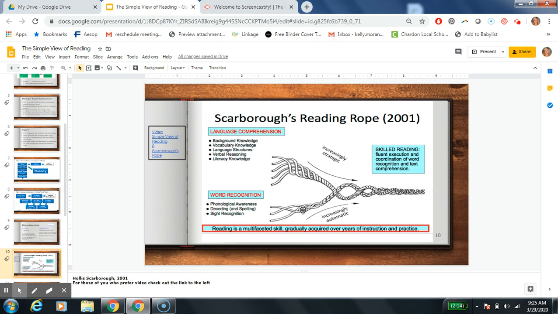And when they start to weave together and interlace together in readers' minds, that's how the two come together into this tightly knit rope with the ultimate goal of reading comprehension. So I wanted to include it in this presentation because I want you to be aware that the two images or the two ideas often go together.